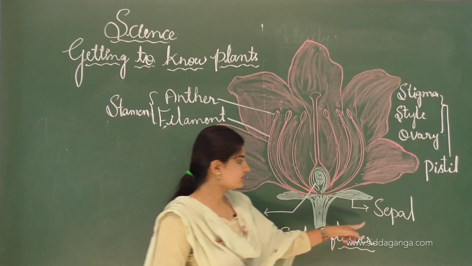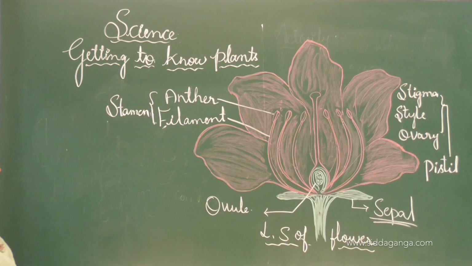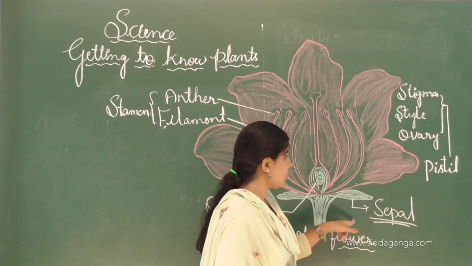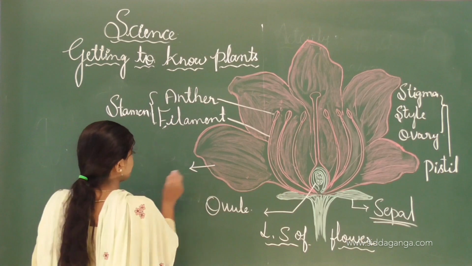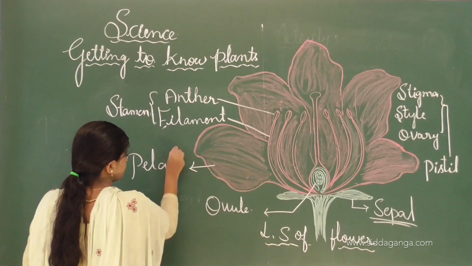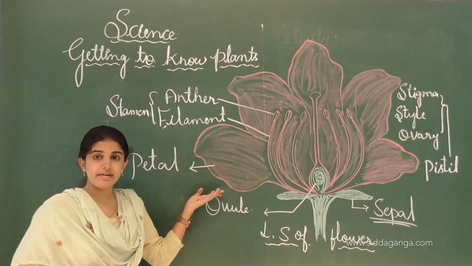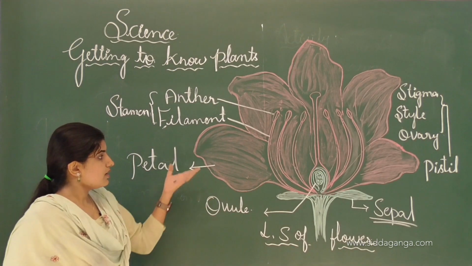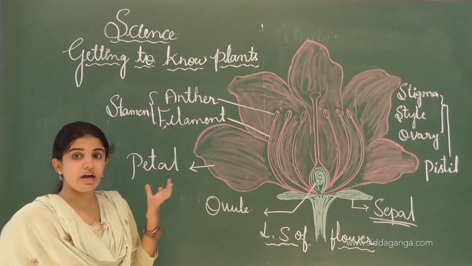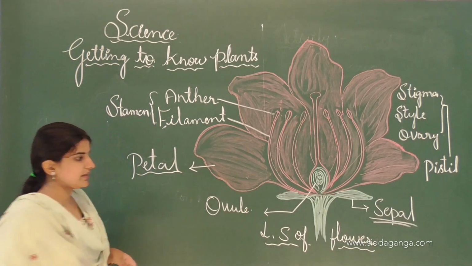And the next one is the petal. It is brightly colored and attracts insects, birds, animals and also human beings by its different bright colors, and this is called the petal.